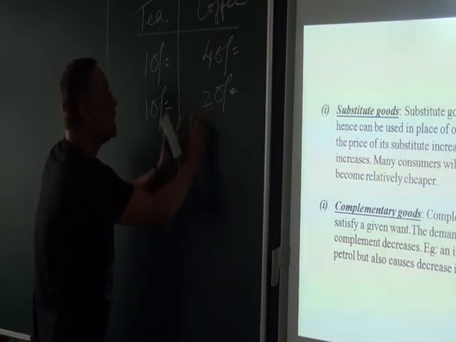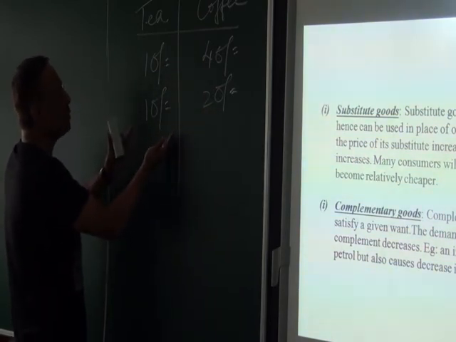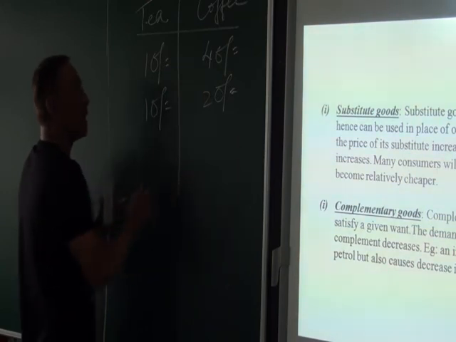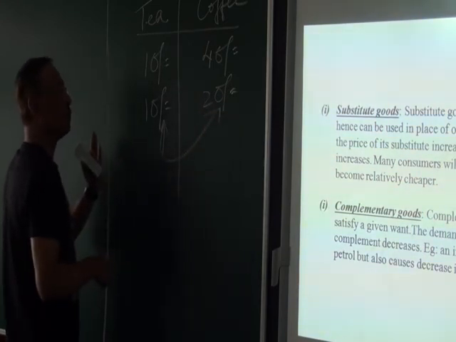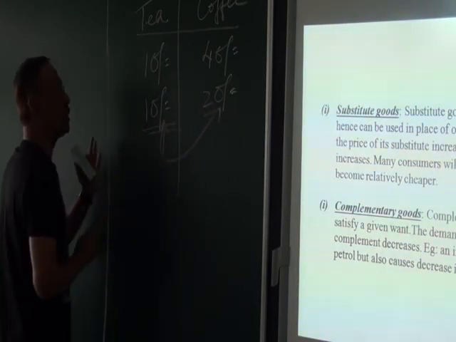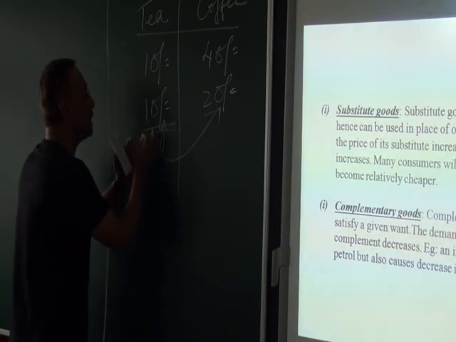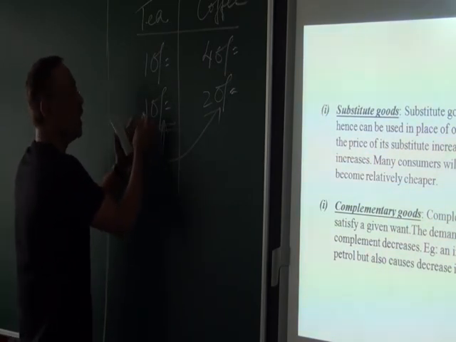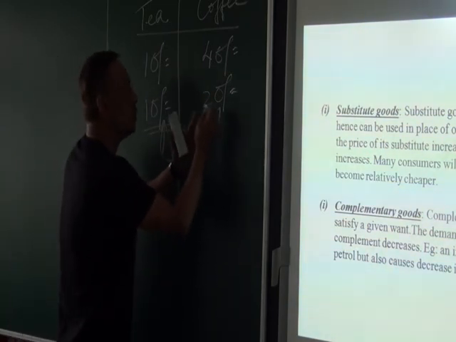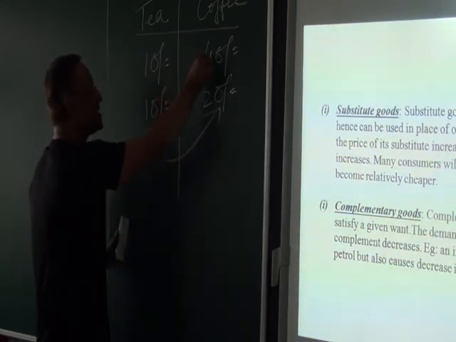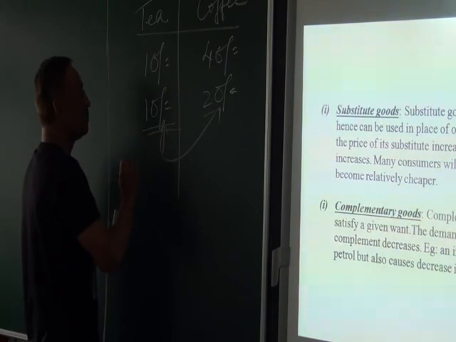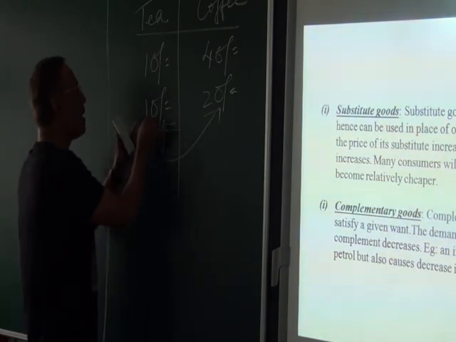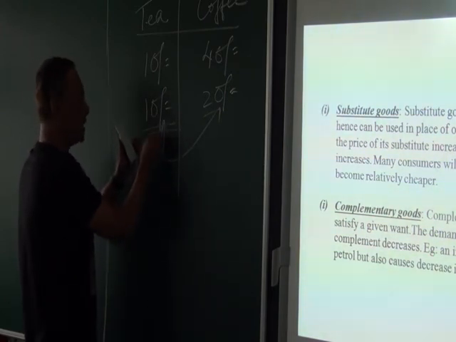If coffee is relatively cheaper, you will say, oh, 10 rupees versus 20, let's have coffee. What happens? Some of the existing consumers who are drinking tea switch over and say we will have coffee. What will happen to the demand for tea? The demand for tea will decrease because some of the consumers have switched over to coffee. So we say that if the price of the substitute good, coffee, decreases, then the demand for a commodity will decrease.